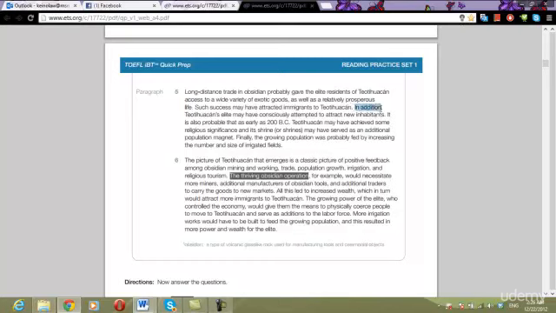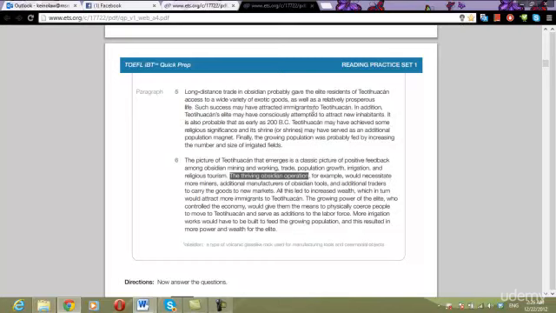We have "in addition," which lets me know we need to read that sentence. We have "it is," which is also language that helps us know what we have to read. So this could be a time-consuming question.